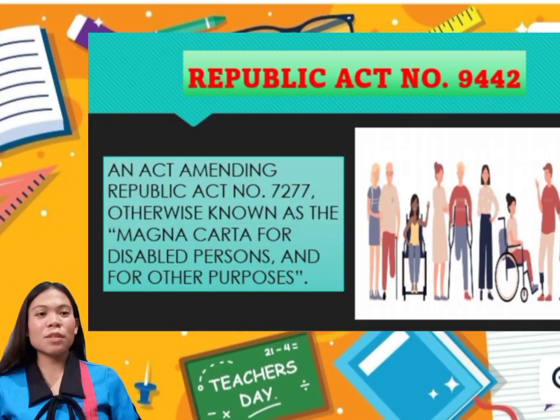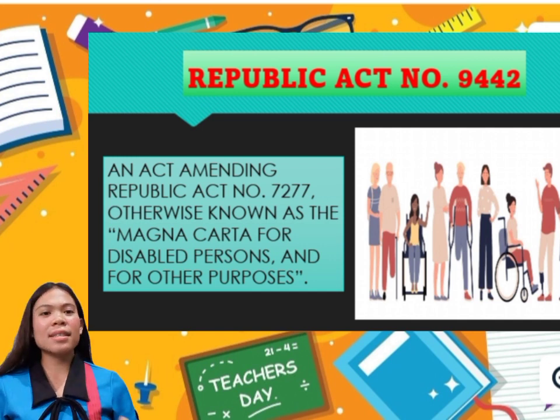Now let's discuss first the Republic Act number 9442. What does this act mean? Republic Act number 9442 is an act amending Republic Act number 7277, otherwise known as the Magna Carta for Disabled Persons and for other purposes.